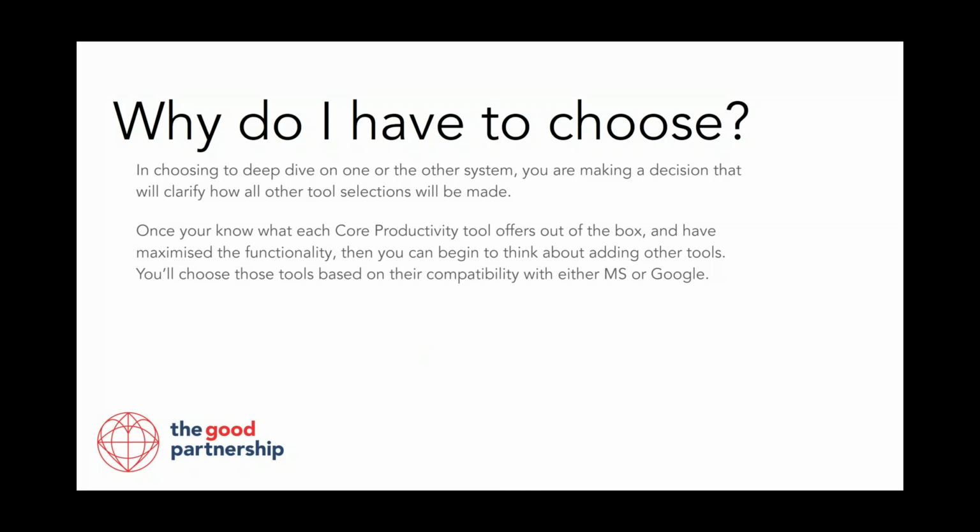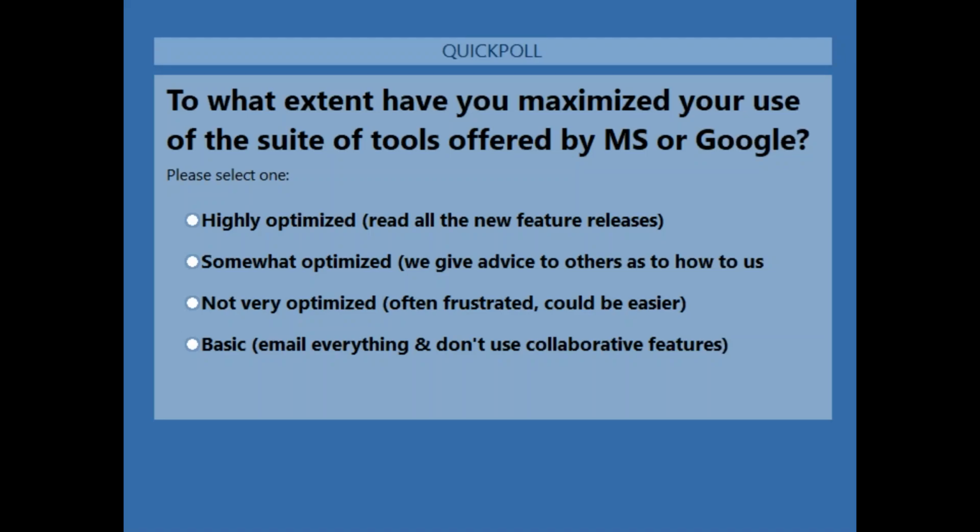So I wonder, Marina, if we could pop up that second poll that's asking you about the level of optimization you think that you've achieved as an organization with those tools. Certainly, that's up on the screen now, everybody, so please go ahead and vote there. We have highly optimized, somewhat optimized, not very optimized, and basic.